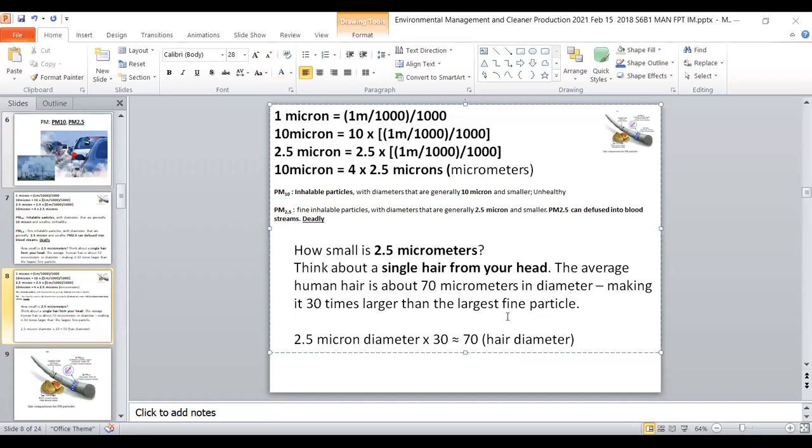So it is not a surprise that such sizes can go into the lungs.